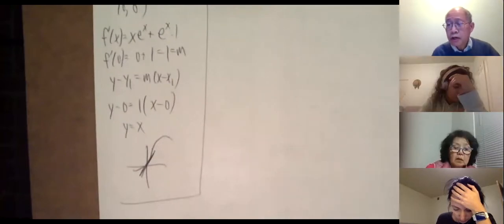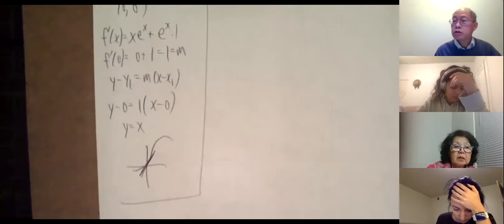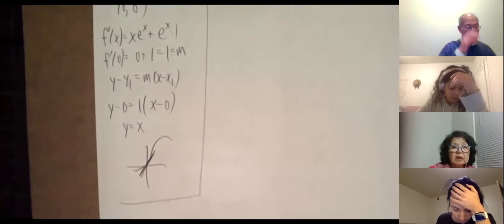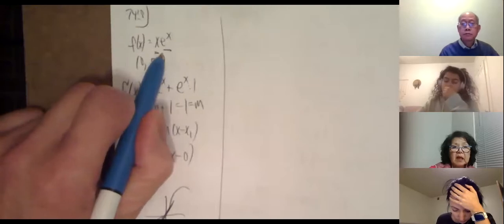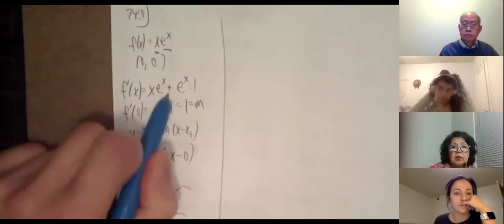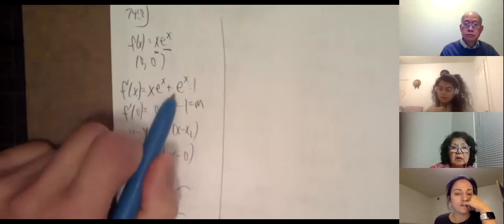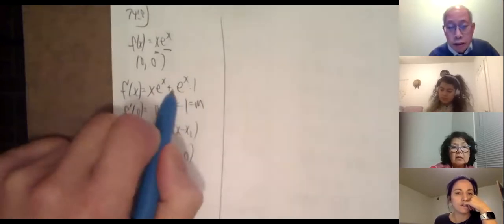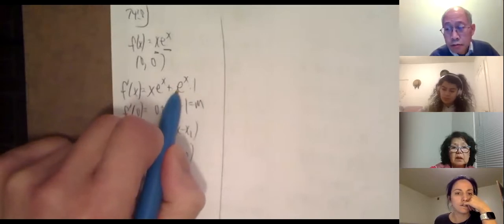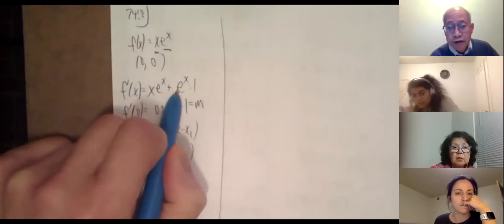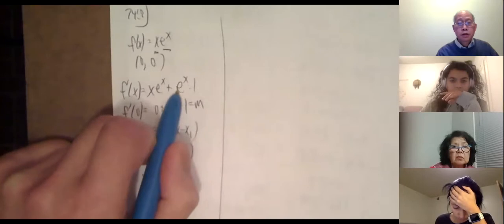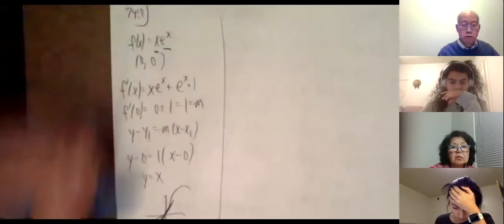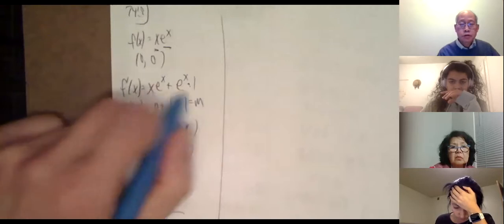Anybody else, please? Either in the chat or unmute yourselves. Professor Holm, on the top of that equation, x e to the power of x plus e to the x. So when the e to the power of x is equal to 1. I'm sorry, e to the x is what? Is it 1? No, definitely not. It's an expression all by itself. It's e to the x times 1 by the product rule. This was part of the product rule.